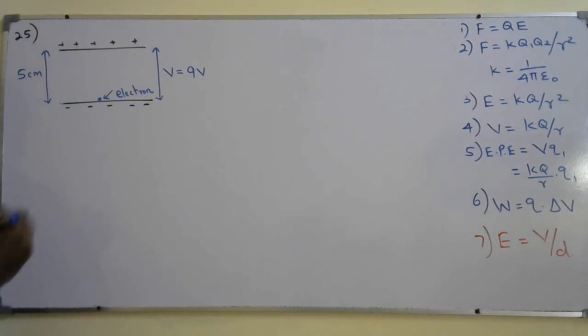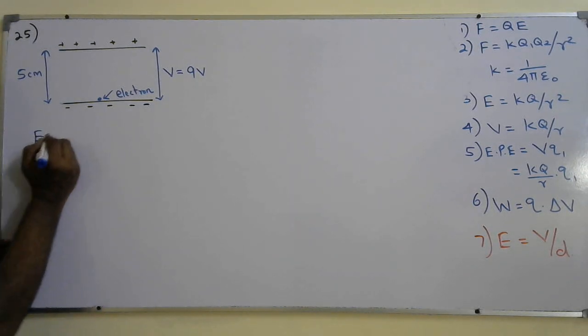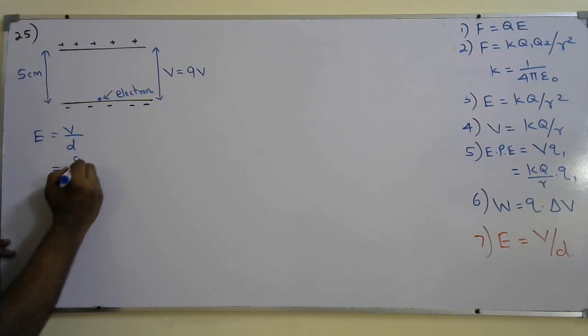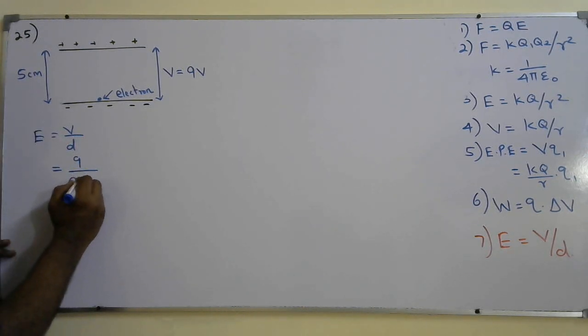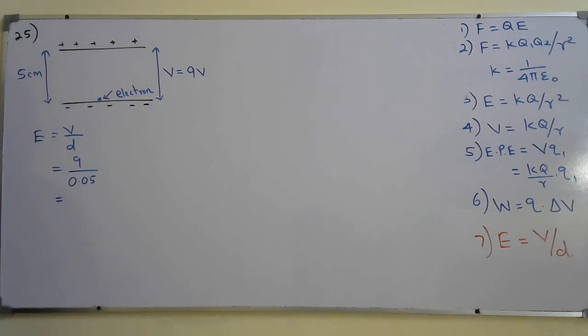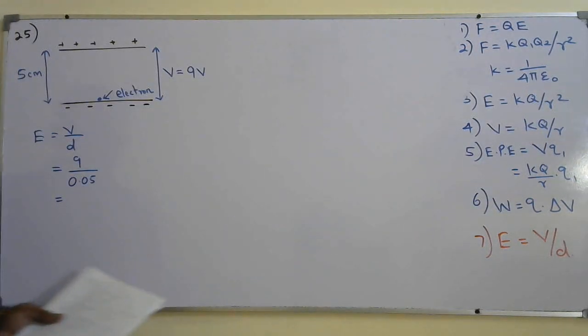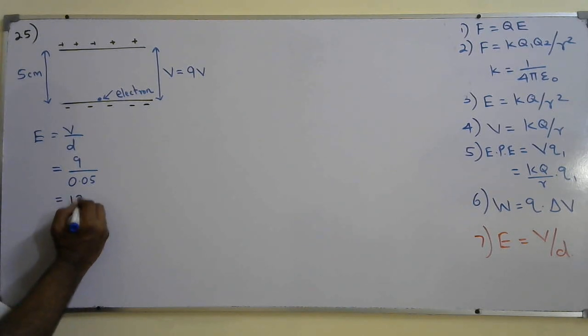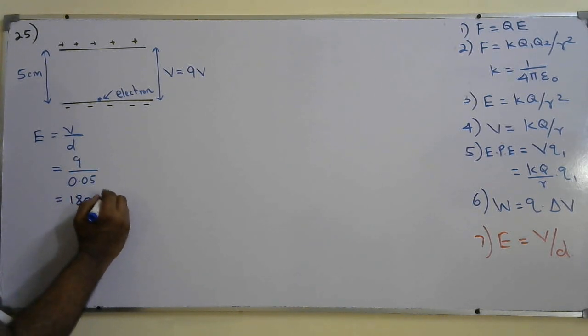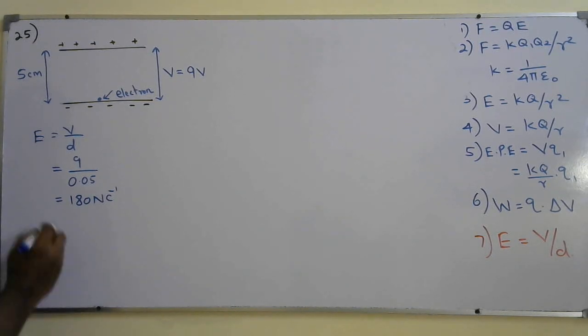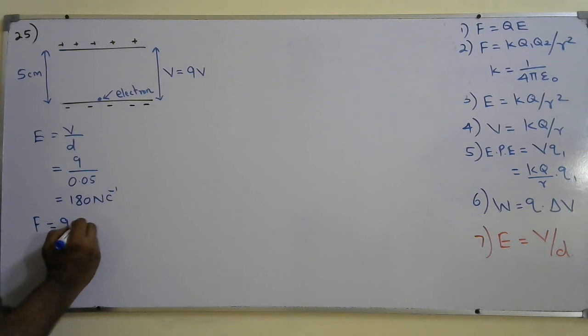We can use the electric field strength E equals V over d. The potential difference is 9, and d must be in meters, so 0.05. So the electric field strength between the parallel plates will be 180 newton per coulomb, or volt per meter, either can be used. So the force acting on the electron, F equals QE, the electrostatic force.